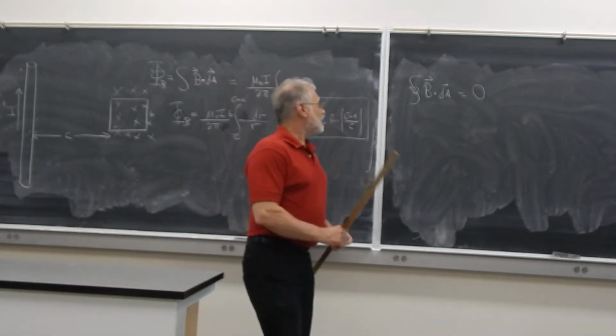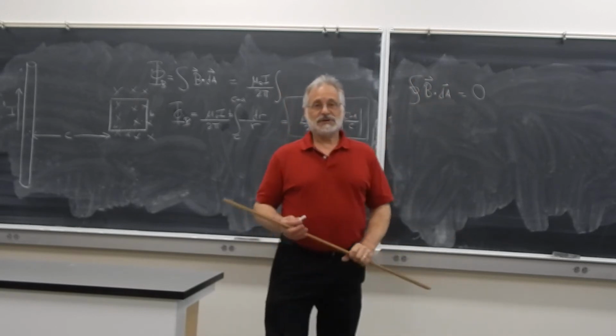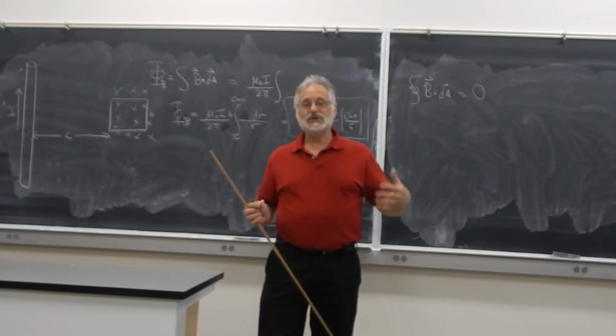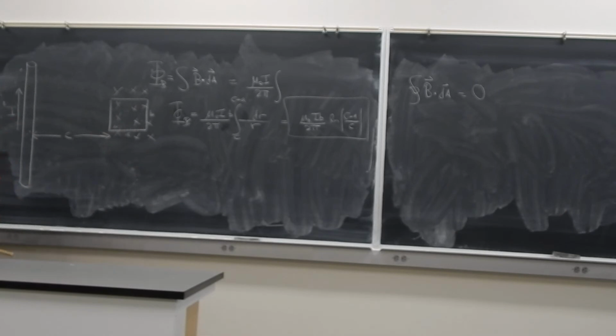Therefore, Gauss's law states that the magnetic flux through a closed surface is going to have to be 0. You have as many lines going in as you do going out. And so that's what we want to say about Gauss's law for magnetism.